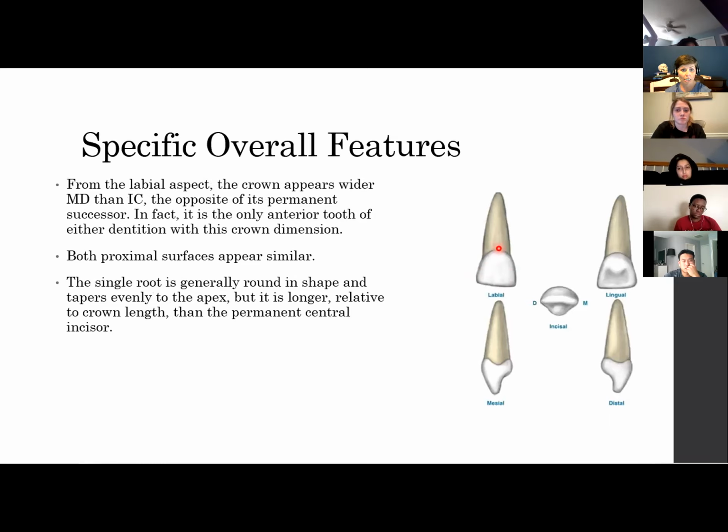So usually it is longer rather than wider, right? Both proximal surfaces appear similar. You can see that from here to here. These are the two proximal surfaces. And it is a single root that is generally round in shape and tapers evenly at the apex, but it is longer relative to the crown length than the permanent central incisor. Okay.